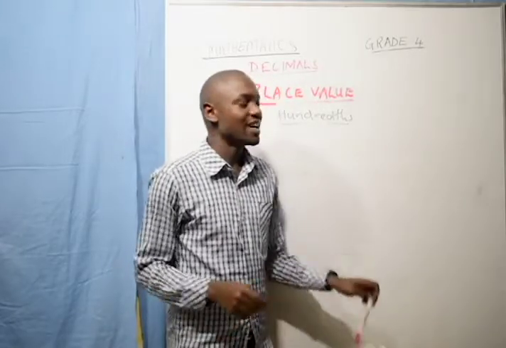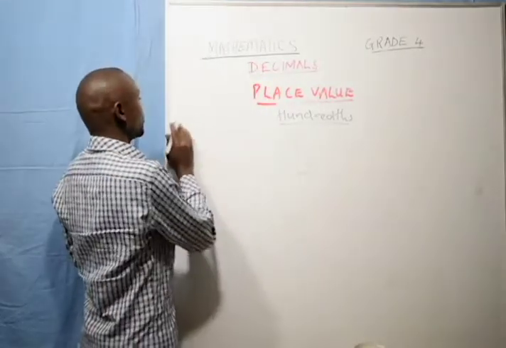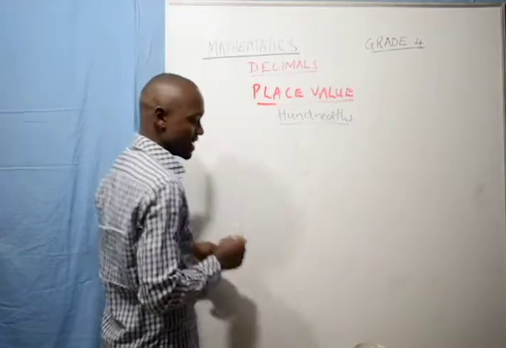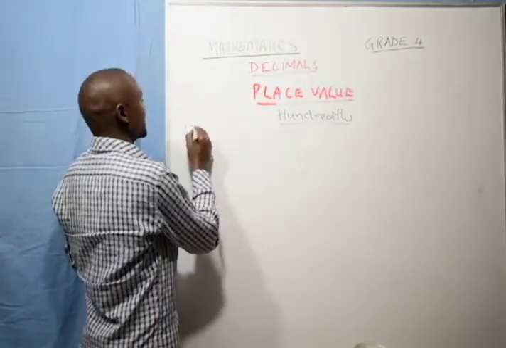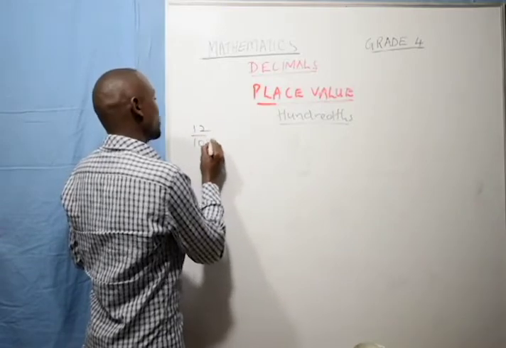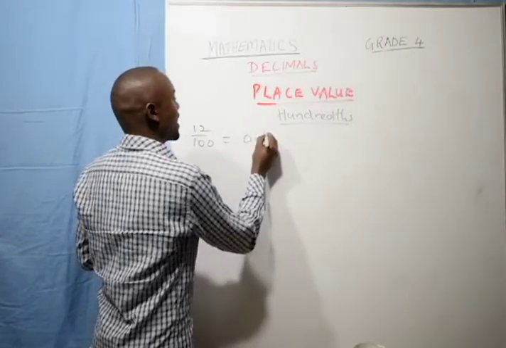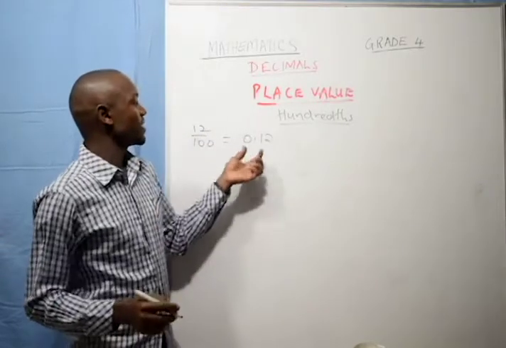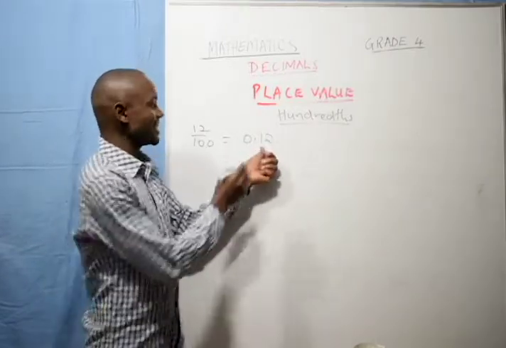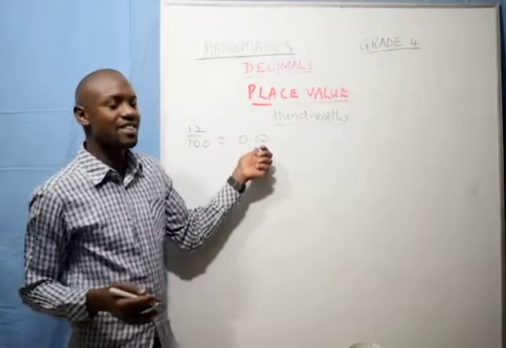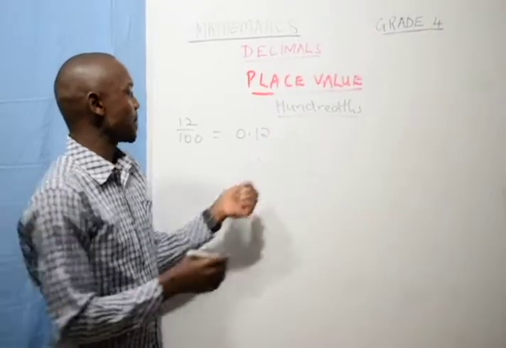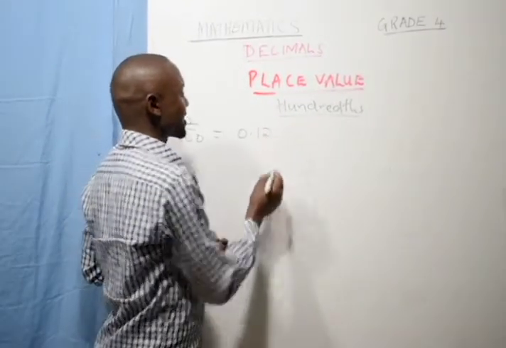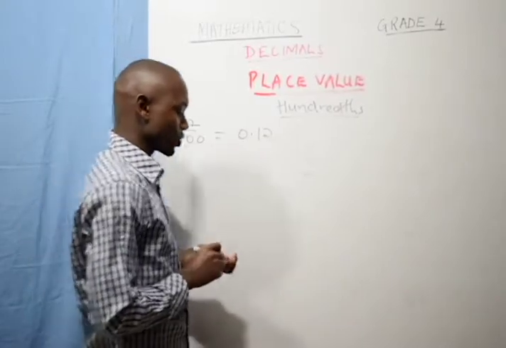When you're writing hundreds, for example, 12 over 100 will be written as 0.12. In this number, the first digit after the decimal point is in the tens place value, so the second digit is the hundreds place value.